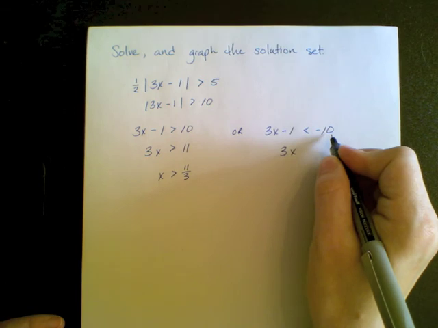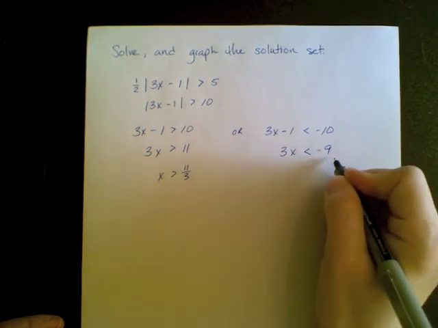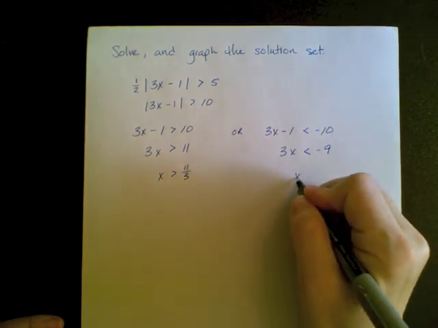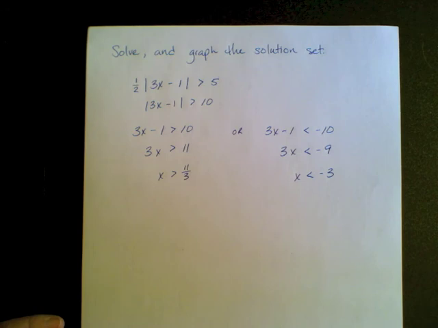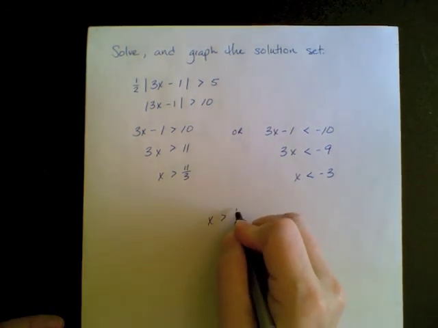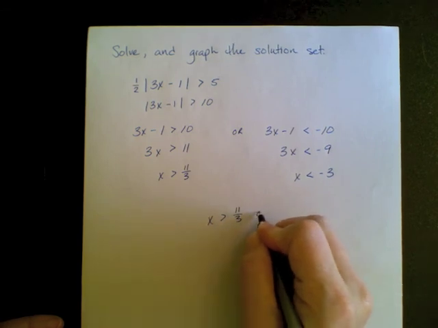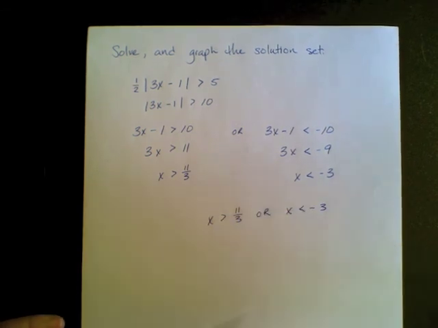Negative 10 plus 1 is negative 9. I'll divide by a positive 3 and end up with x is less than negative 3. So I've got x is greater than 11/3 or x is less than negative 3.